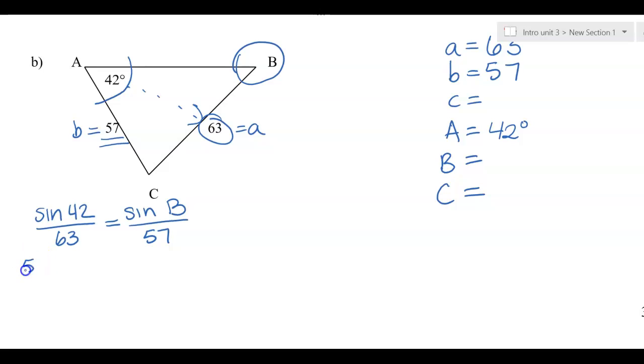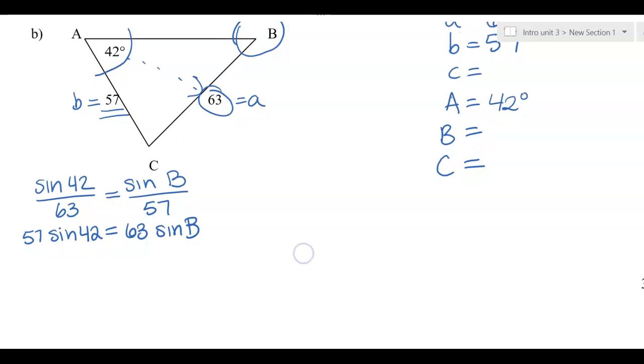If you cross multiply, 57 multiplies the sine of 42, and 63 multiplies the sine of B. And what would I have to do at that point? I have to divide by the 63. Are you okay with that idea? Because we're trying to get B alone eventually. So I'm going to divide by 63 to try and cancel this out.